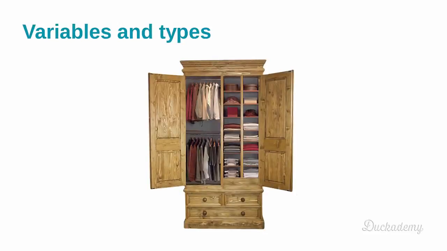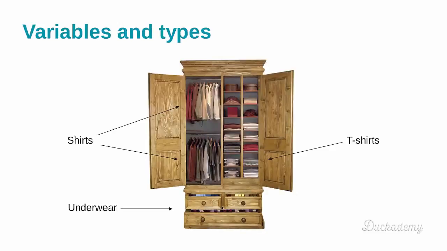But as you don't put your shirts into the place of t-shirts and vice versa, and you don't put your underwear in the place of t-shirts, you won't put your text into the place of numbers. And you don't put your numbers into the place of text. So in the case of variables, we define another concept. This is type. The type represents what kind of data you want to store.